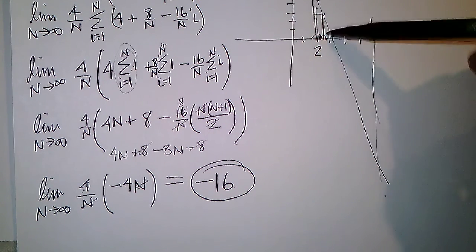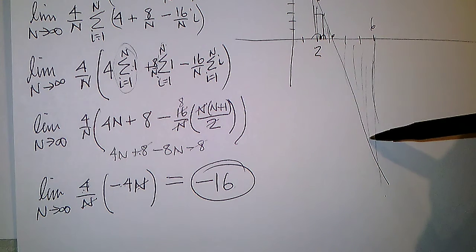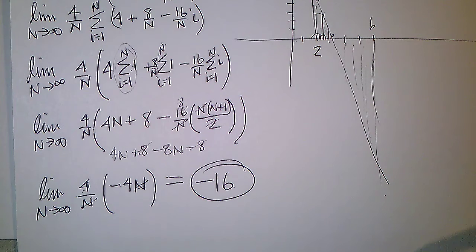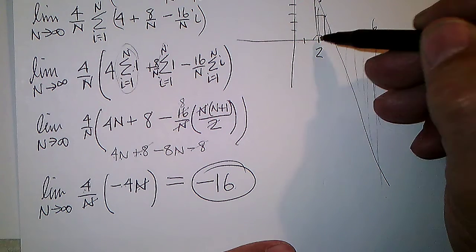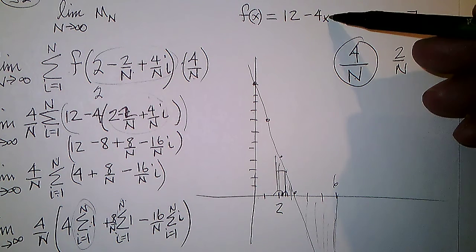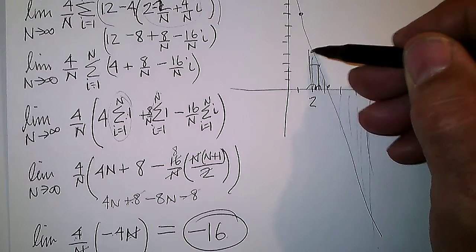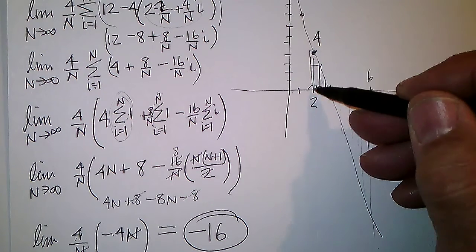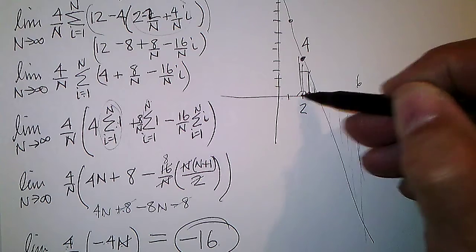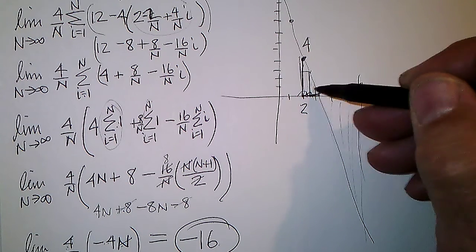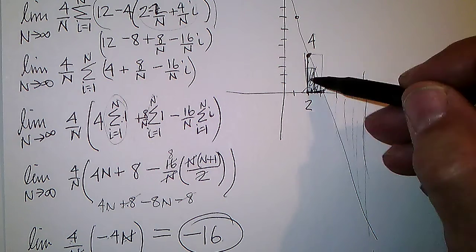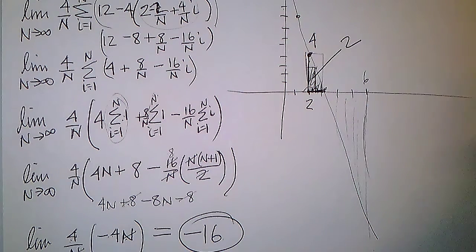Well, we got some positive area and we got a lot of negative area, making the total area negative. We could actually figure this out. At 2, negative 8, 4 times 2 is negative 8, so this is at a height of 4. And when we put in 3, we're at 0. So 1 wide, 4 high. The area of this is 1 times 4 cut in half, which is 2. A plus 2.